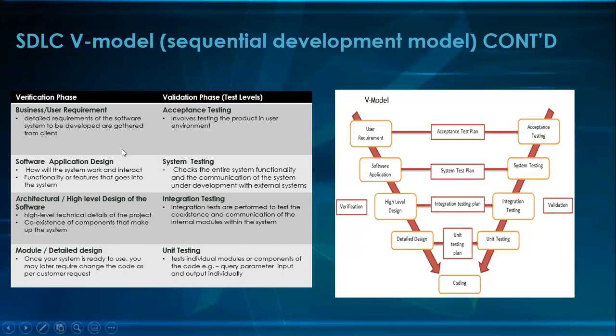So now let's go to each of those phases. You will see me here. I did the verification phase and I did the validation phase. At the business requirement, each of these phases that you see here, I try to explain it here. You might think that I'm explaining it in so much detail. The reason I do this is to ensure that when you get to the field, you understand the concept.